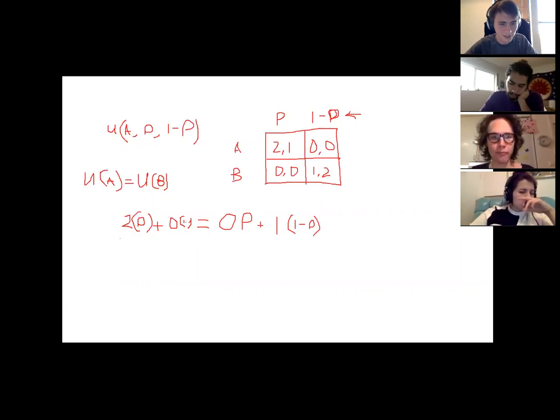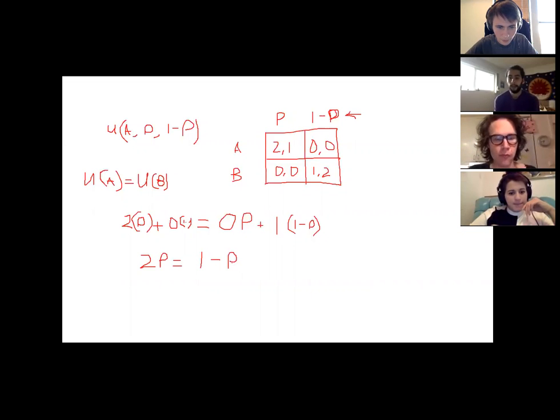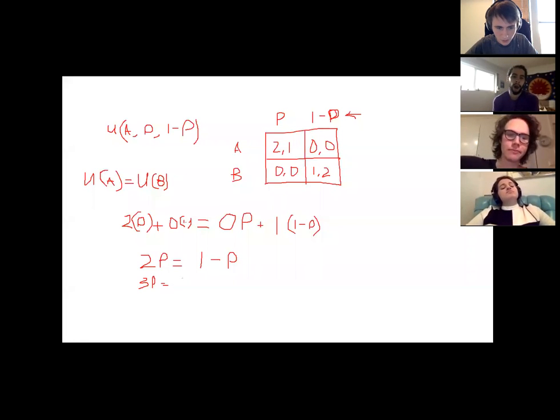Okay, so now we can simply figure this out. So that's going to be 2P equals 1 minus P, which then is 3P equals 1, which now we can say P equals 1/3.